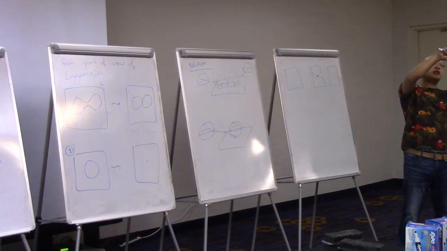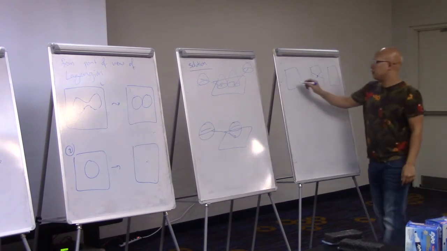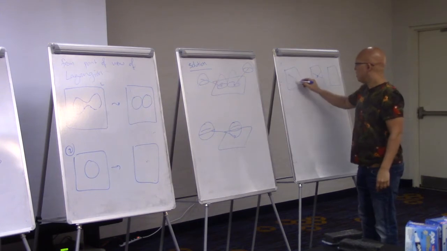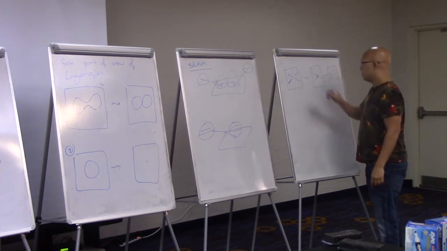If you have an immersion in 3-space of a curve, and it has a singular point, well, there are 2 ways to perturb that. You can perturb it this way, or you can perturb it that way. So there's a one-parameter family of curves as you perturb this one. It looks like this.